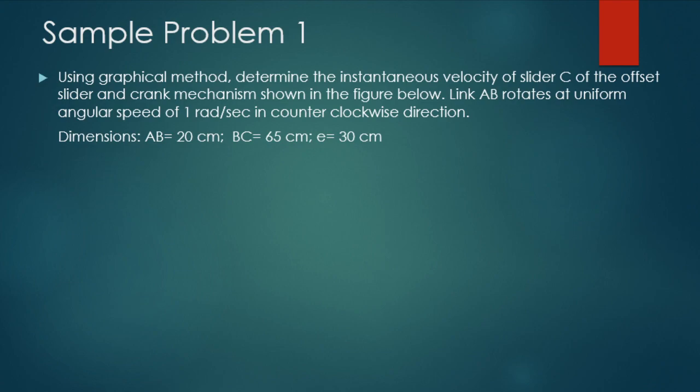Link AB rotates at uniform angular speed of 1 radian per second in counterclockwise direction. The dimensions of your mechanism are AB equals 20 centimeters, BC equals 65 centimeters, and eccentricity E equals 30 centimeters.